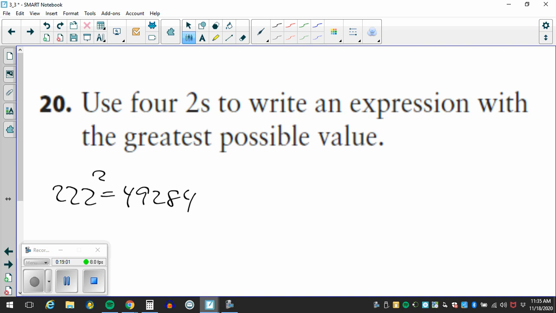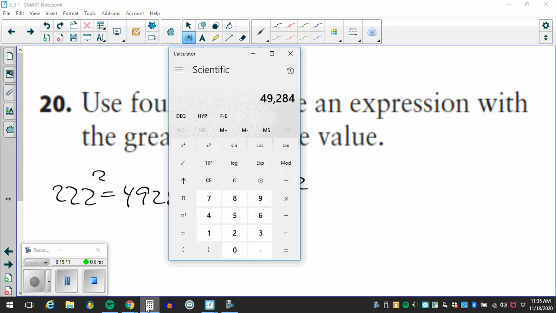What's a better idea for exponent relationship? Before we get to the other ones, let's say another one you might have chosen was this one, correct? So if we choose 22 to the exponent of 22, so 22 x^y 22, we get, wow. So I'm going to write this in scientific notation just to show you.